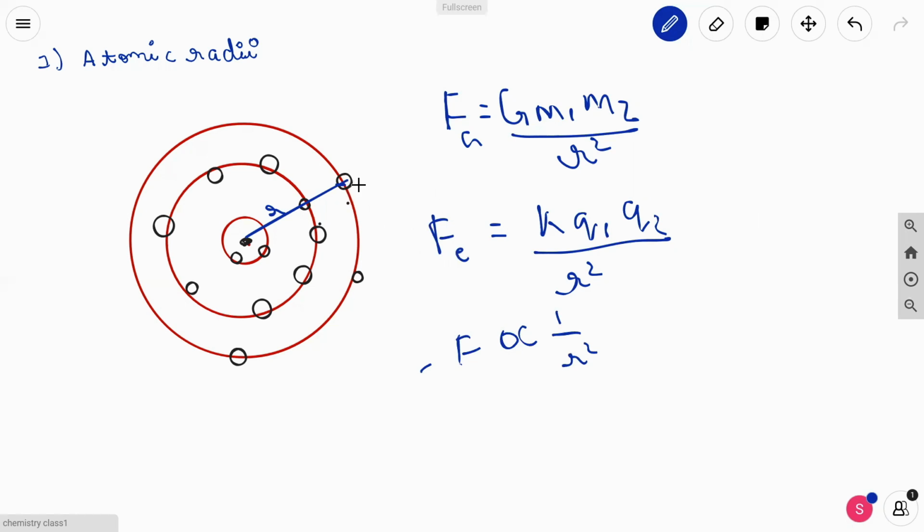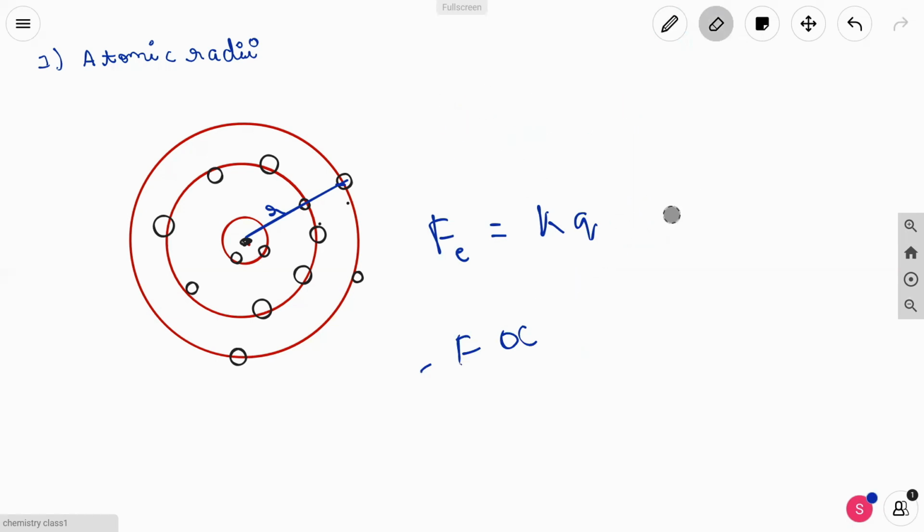So to have the maximum force on the electrons, you need the closest possible distance and the maximum possible nuclear charge. You can also learn it without this formula, but I'm using it for a future purpose.